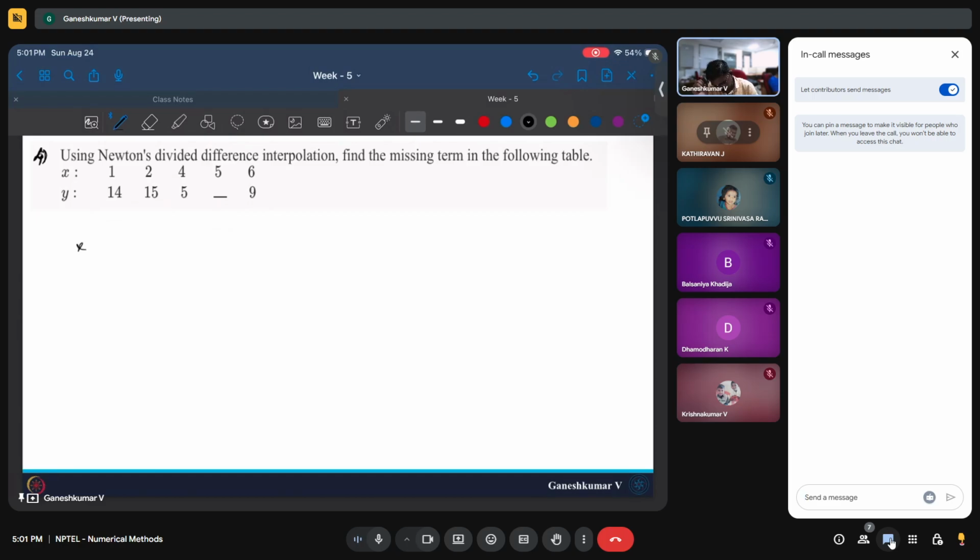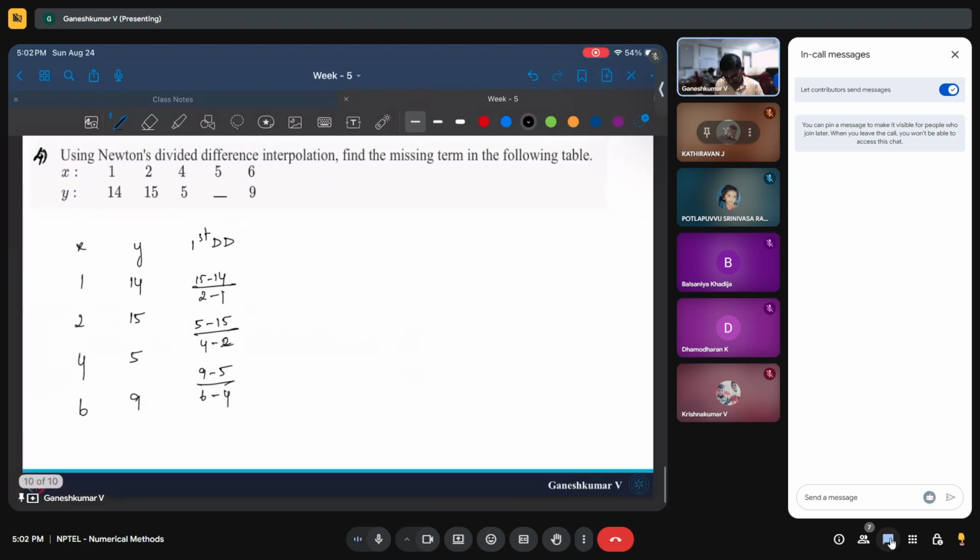So let me write down that table. It's going to be x values 1, 2, 4, and 6. The value at 5 we are going to skip because we don't know it. The function values are 14, 15, 5, and 9. Now the first divided difference is going to be 15 minus 14 divided by 2 minus 1, then 5 minus 15 divided by 4 minus 2, and 9 minus 5 divided by 6 minus 4.